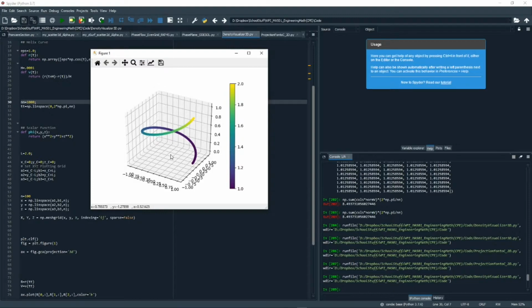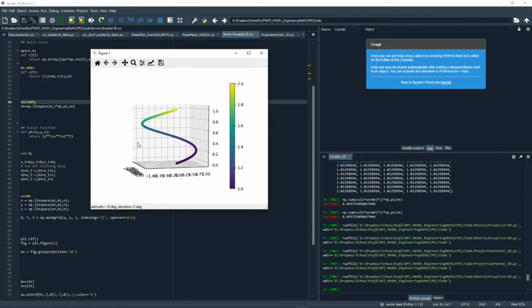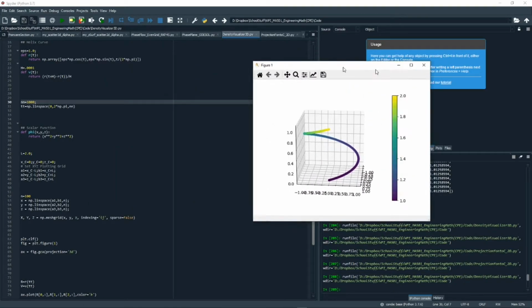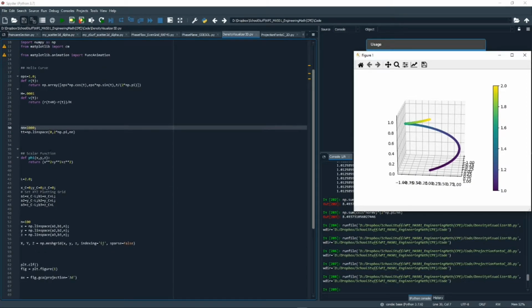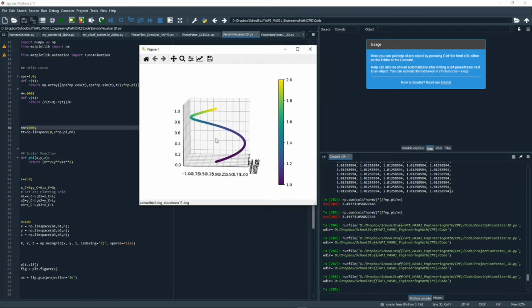This right here is a picture of the helix, and I'll show you the parameters. It's the helix with a radius of 1 and an a value of 1 over 2 pi.